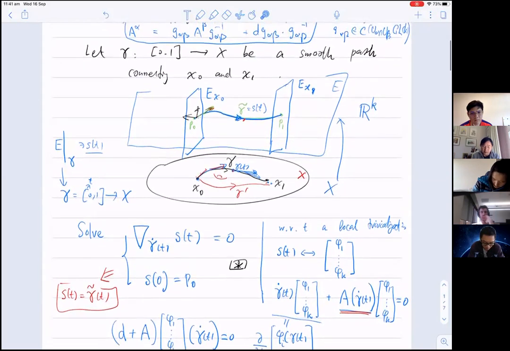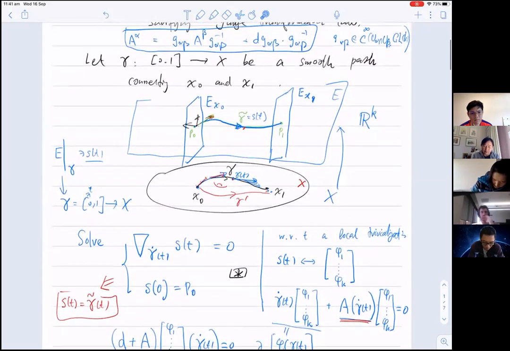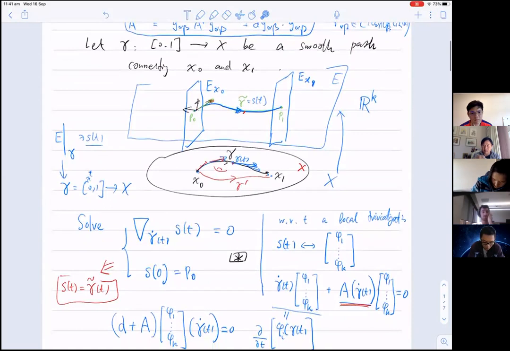So that's a geodesic. Here I'm talking about the horizontal lifting without mentioning the horizontal vector fields, so I solve this equation.